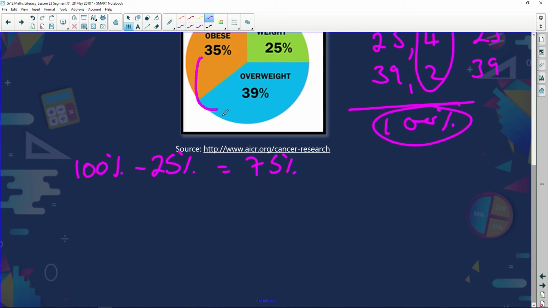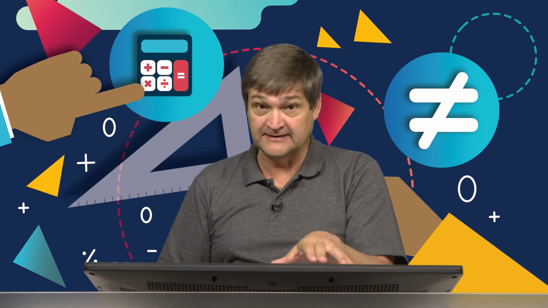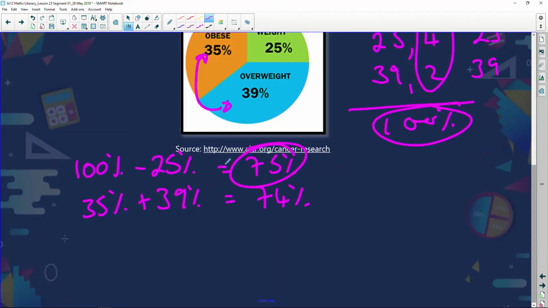Or if you'd added those two up, you could have got 35% plus the 39%, and you would have got 74%. So the examiners would have to accept both answers here, all right? Because it still shows understanding. But now, let's work with the 75%. Why? Just because I want to.